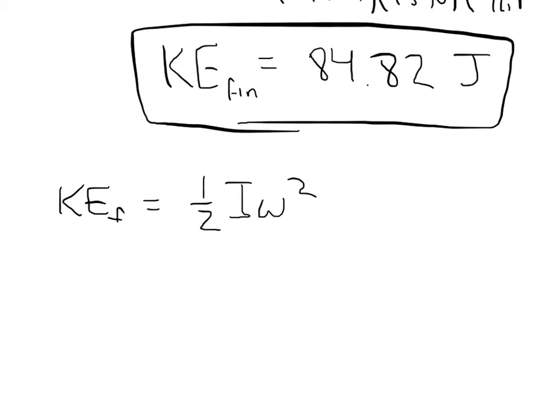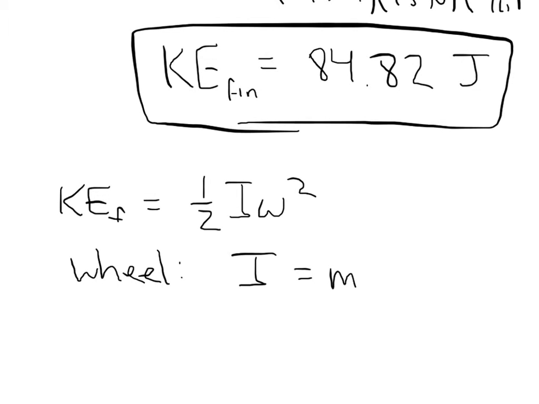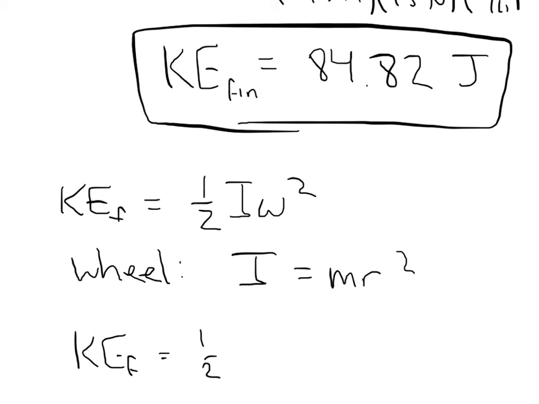For a wheel, which has all of its mass concentrated on the outside, the moment of inertia is just m r squared. So the final kinetic energy is equal to 1/2 times m r squared times omega squared.